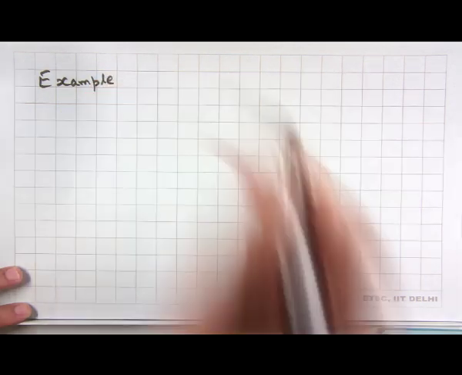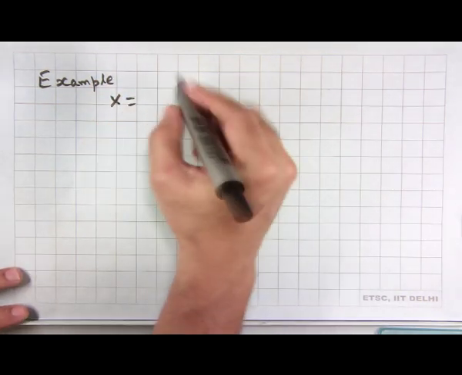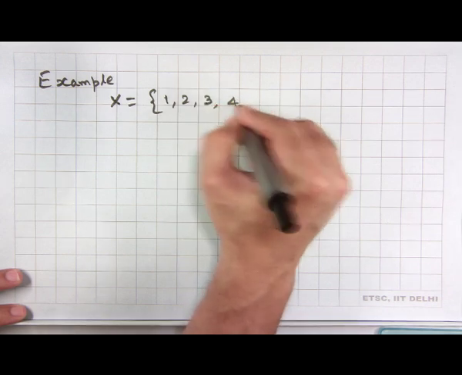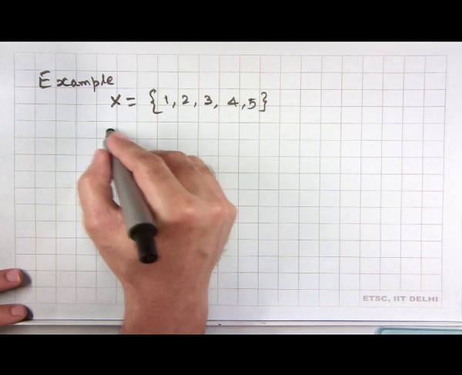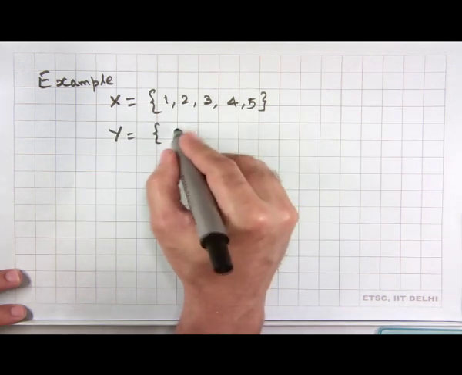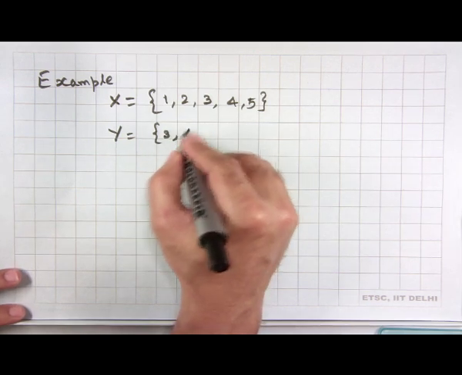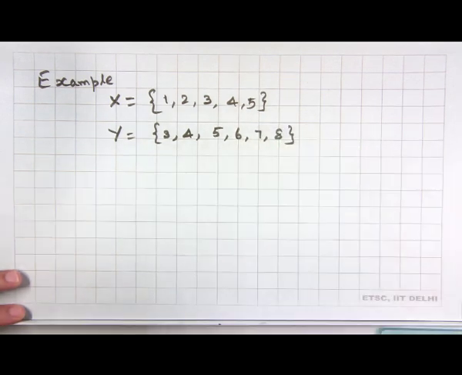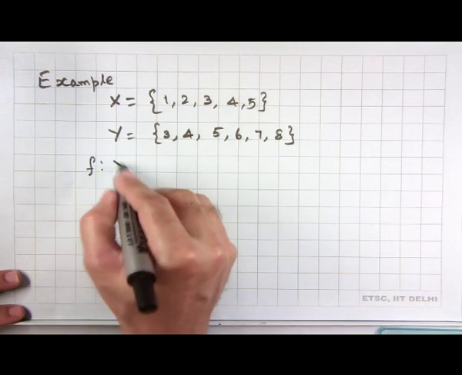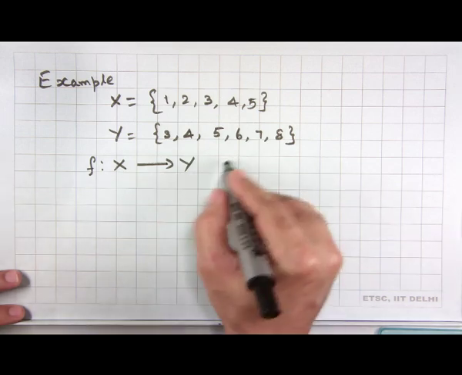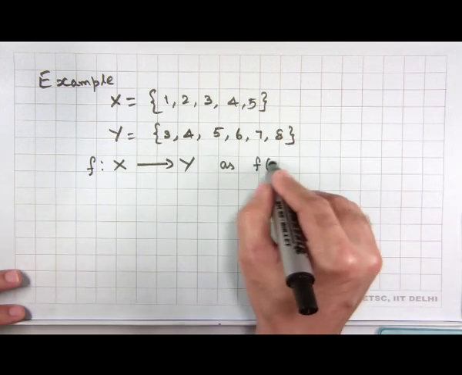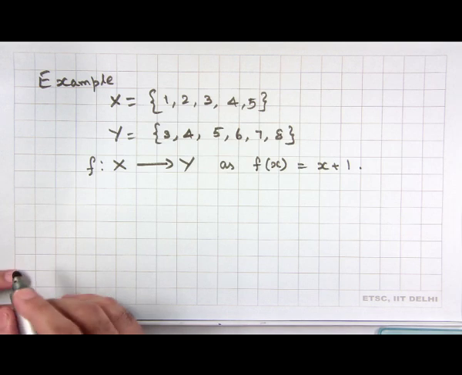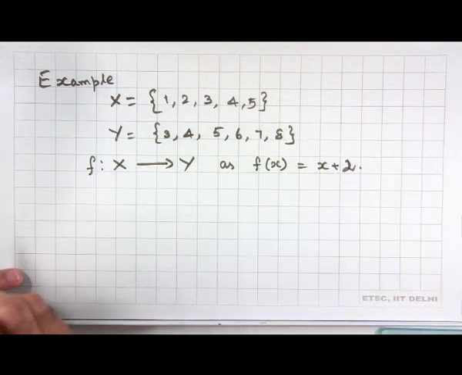Let us have one more example. X equal to 1, 2, 3, 4 and 5, and let us choose Y as 3, 4, 5, 6, 7 and 8. Now, let us look at this function f from X to Y, defined as f(x) equal to x plus 2.